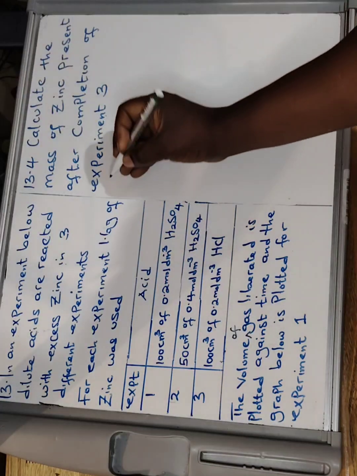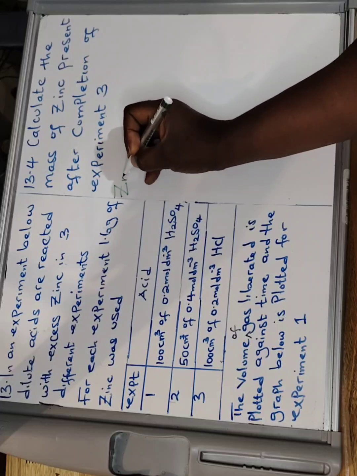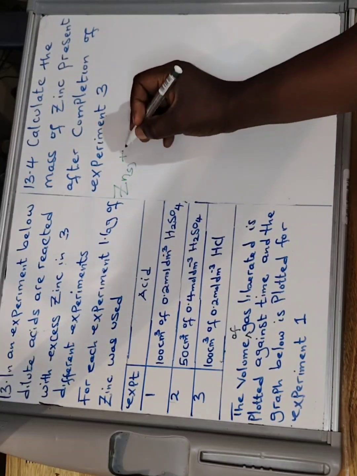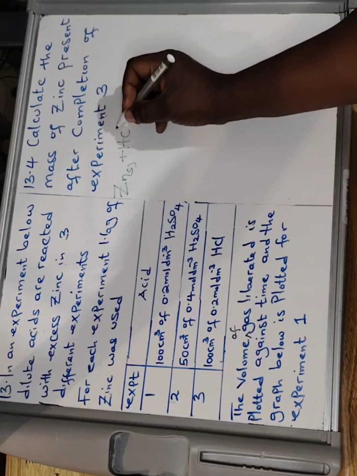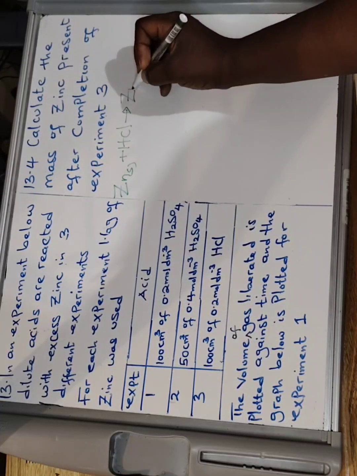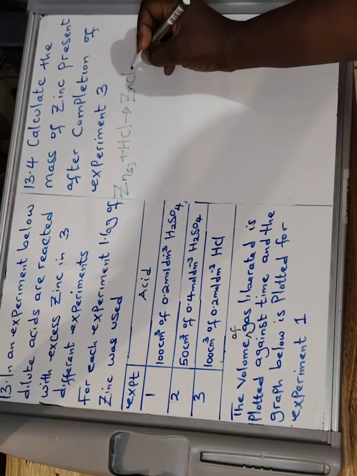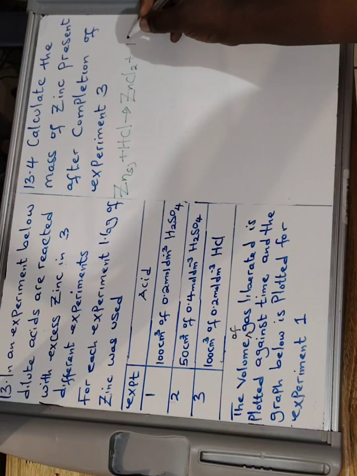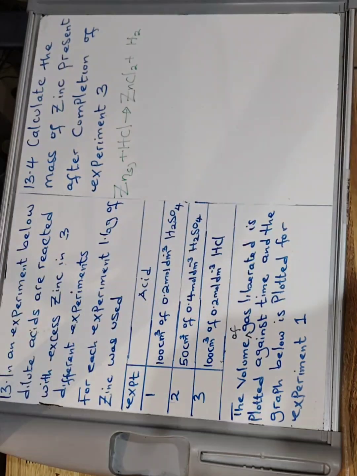We write the reaction. What's the reaction? We have zinc reacting with hydrochloric acid to give you zinc chloride plus hydrogen. What's the next step?